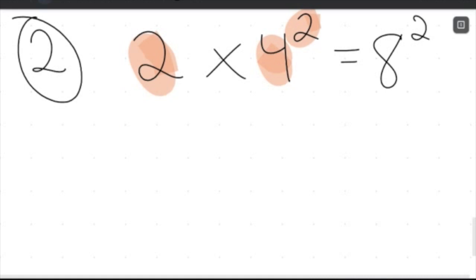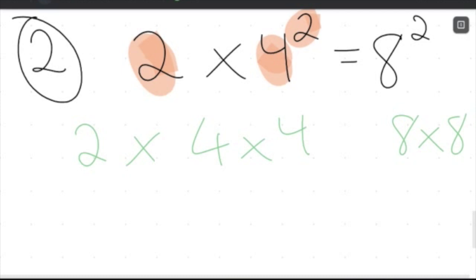But we need to consider here, guys, what are our abbreviations, our shortcuts? What is this actually telling us? This is just saying that my 4 squared is the same as writing 4 times 4, and that is being multiplied by 2. And on my right-hand side, 8 squared is like writing 8 times 8.